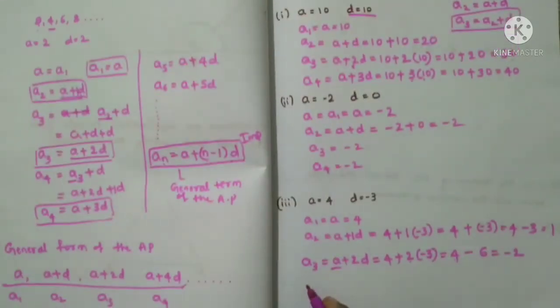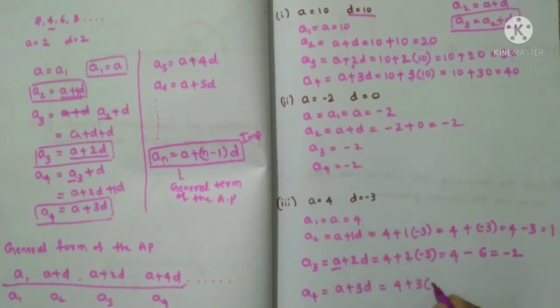Now we'll see A4. A4 is equal to A plus 3D. Always these formulas you have to remember. So many questions they'll ask on this. Means in the exam you are going to get at least 1 or 2 marks will come on this also. A plus 3D is equal to A is 4 plus 3 as it is I'll write.